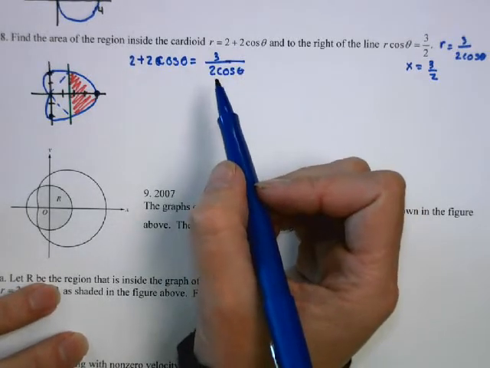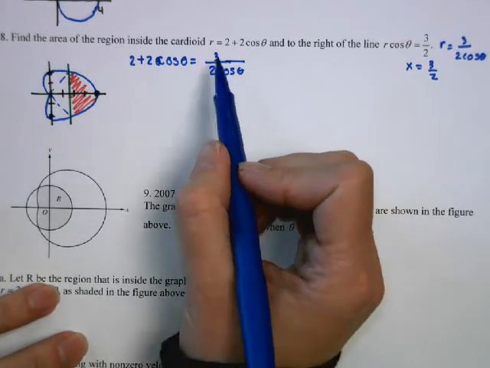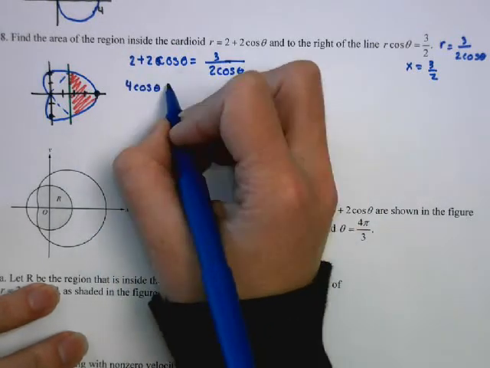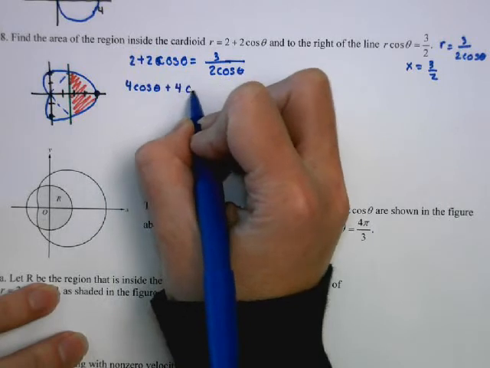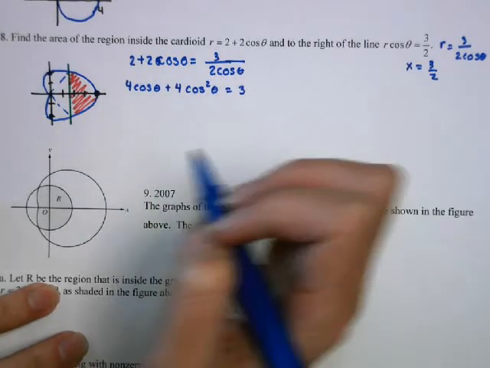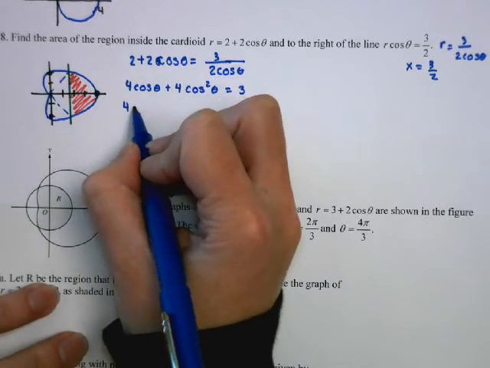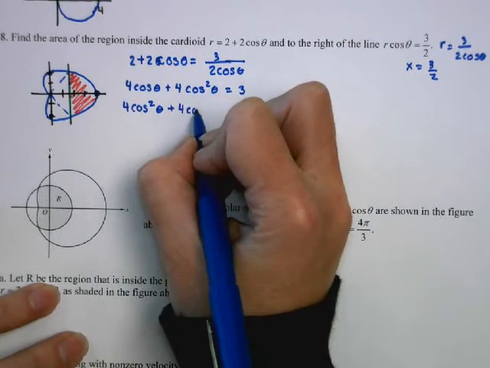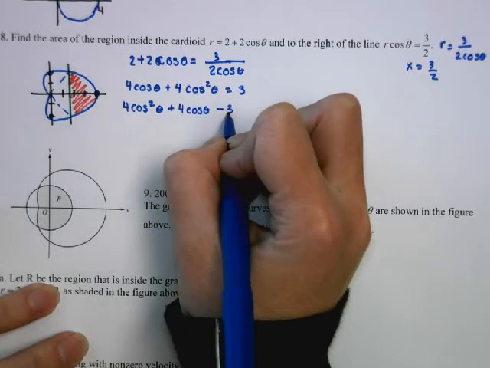So I'll multiply this over. So we'll have 4 cosine theta plus 4 cosine squared theta equals 3. So 4 cosine squared theta plus 4 cosine theta minus 3 equals 0.